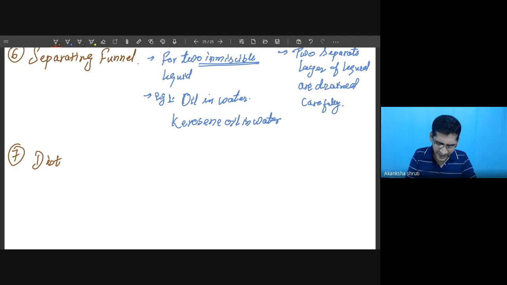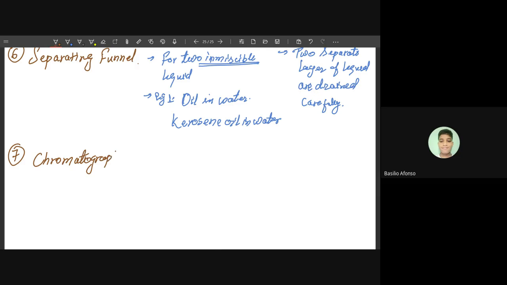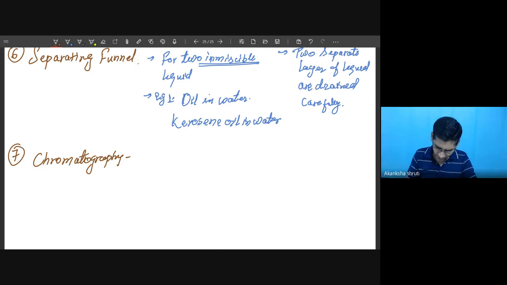So before that, let me write the chromatography. Different colors. So the term chromo simply means color. Okay, means different color components can be separated.